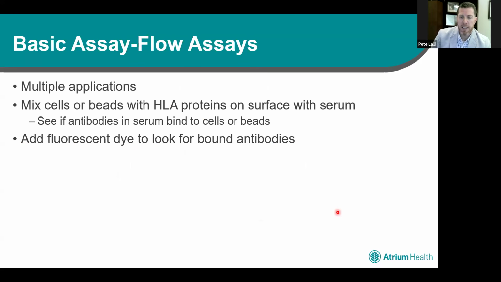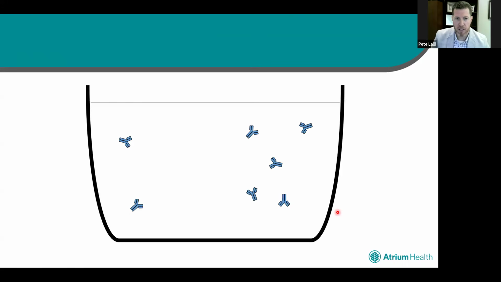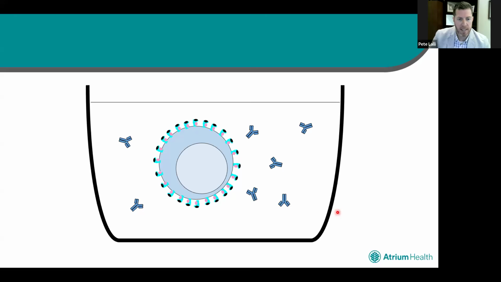In this case, the flow cytometer is able to look at not only whether or not antibodies are sticking to cells, but it allowed us to take plastic beads and coat those plastic beads with recombinant HLA proteins and see whether or not the patient's antibodies stuck to the HLA proteins that we put on these beads. So the way this works is you have your patient's serum, you mix in either a cell or a plastic bead that has HLA proteins on them.